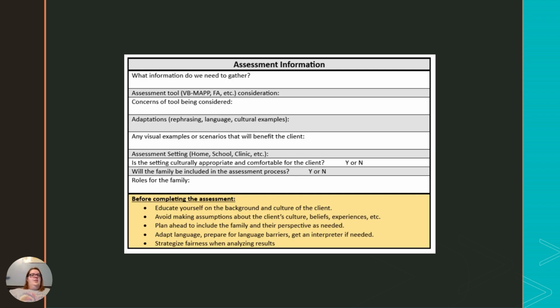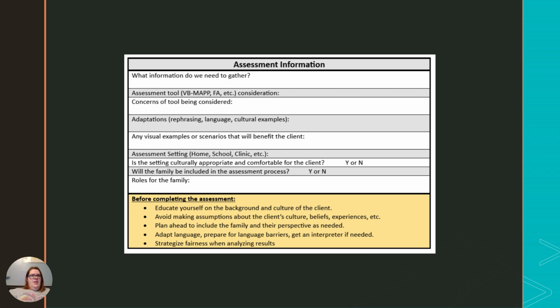Next, you're going to have assessment information. We're going to determine what information you need, determine what assessment tool may be best for the family. Adapt anything. We can rephrase language. We can use cultural examples of, if you've worked with someone in the past with a similar cultural or background, you can give an example of how you have worked through meeting those needs.